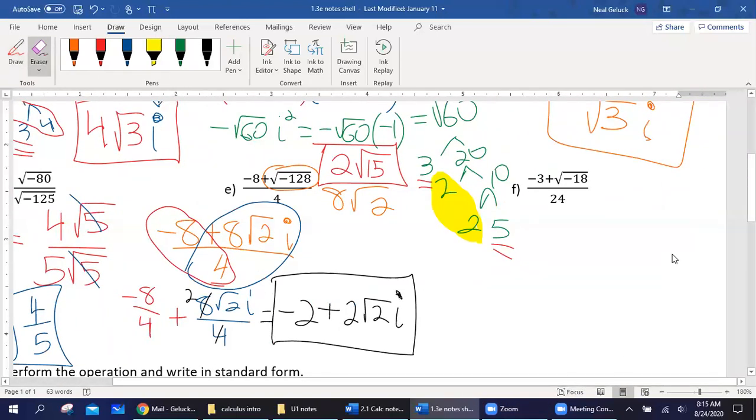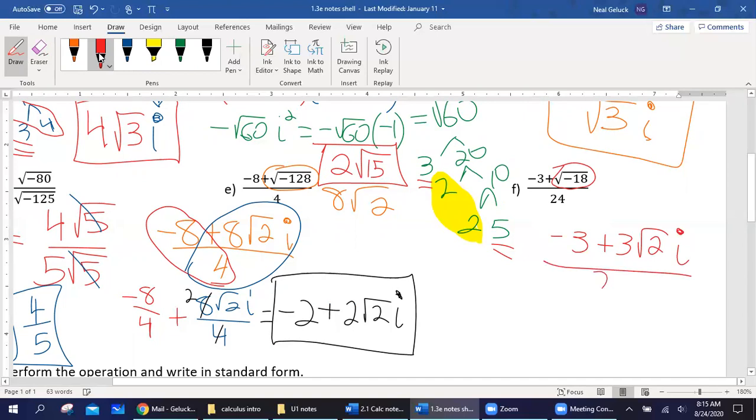Similar logic on letter F. Again, I know since I have the square root of a negative, there's going to be an i. If you break down root 18, it's 3 root 2. And again, since it was the square root of a negative, I know I'm going to bring out an i.